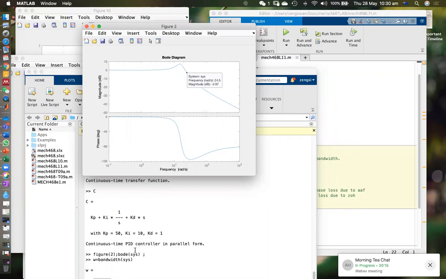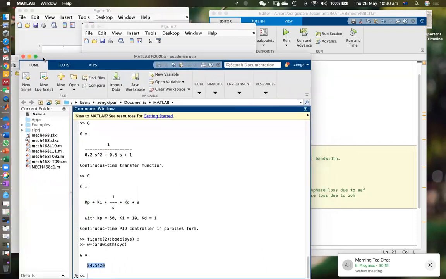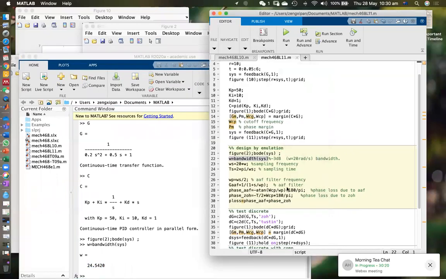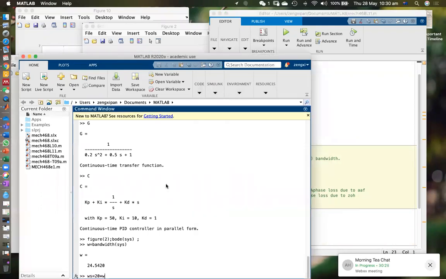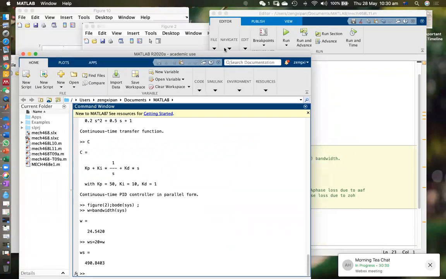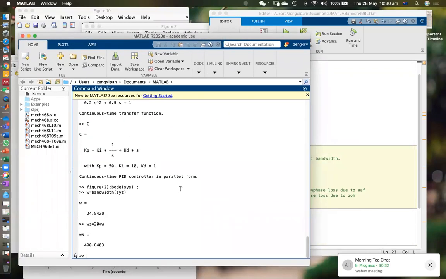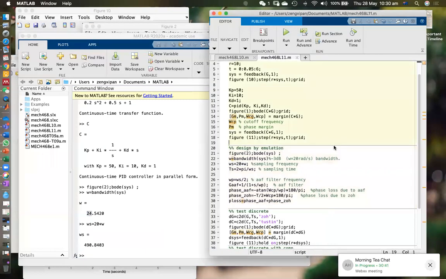That's our bandwidth here. Okay. So once we know the bandwidth, the next thing is the sampling frequency. I choose 20 times the bandwidth. So our omega s is our sampling frequency, not in hertz but in omega, it's 490. So it's 20 times this 24. And that's our sampling frequency.